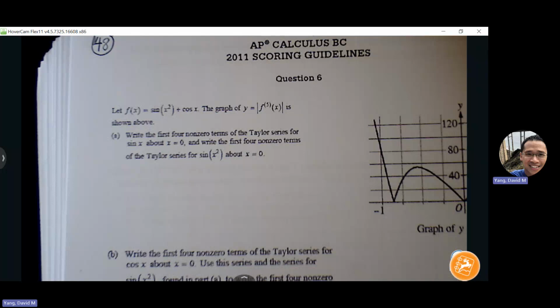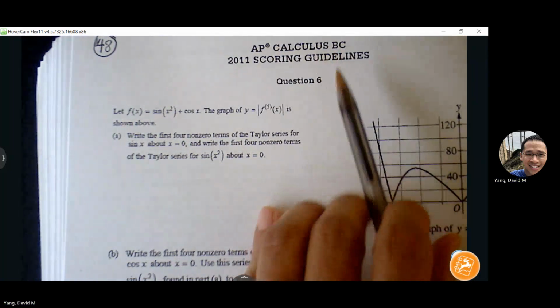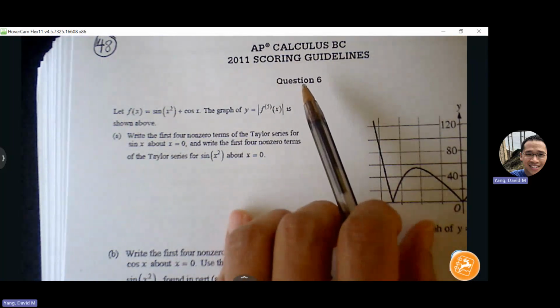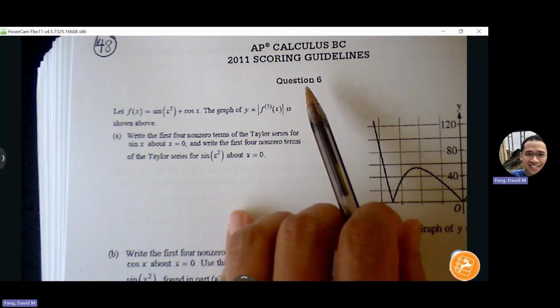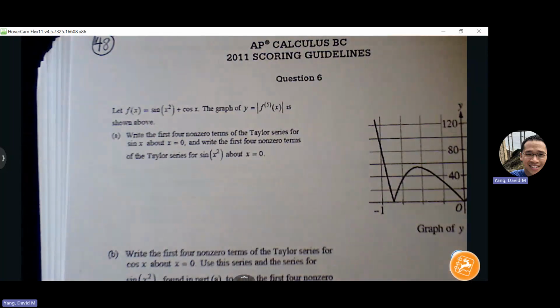Okay, so this is a 2011 number 6. Typically, at least within the last maybe 10, 15 years, number 6 has always been on the FRQ. There's 6 FRQs you're going to see on your BC exam, and number 6 is usually reserved for Taylor series or Lagrange bound or something involving series.